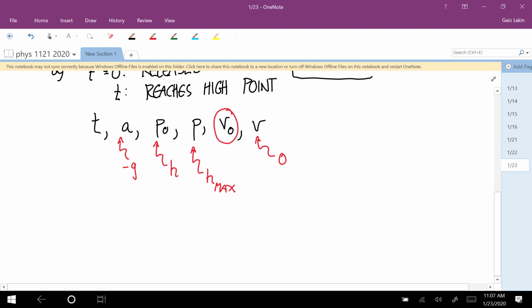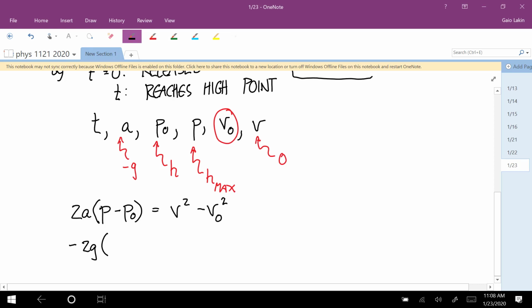It feels like we've used this one most of the time so far, but we can use this equation that says 2a times the quantity p minus p0 is equal to v squared minus v0 squared. So that says negative 2g times the quantity, and I'm just replacing the variables in this equation with the constants here.